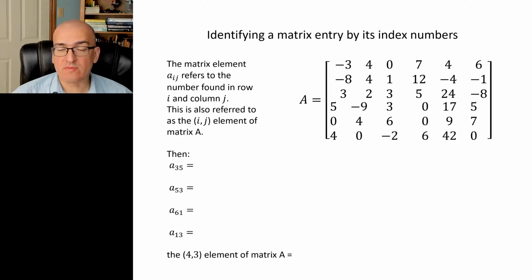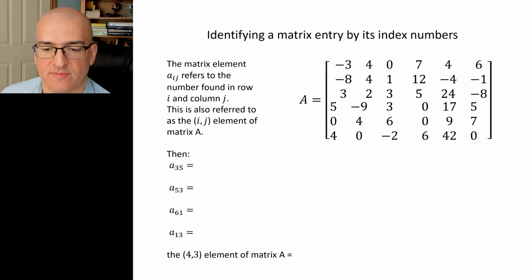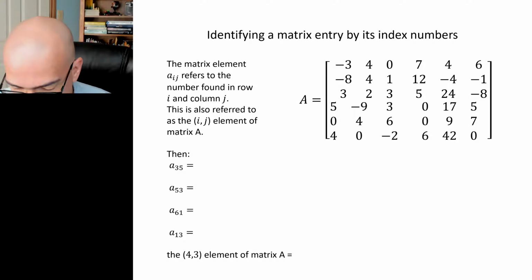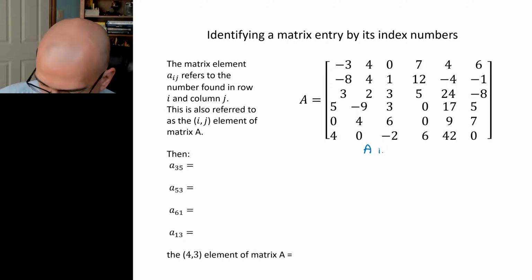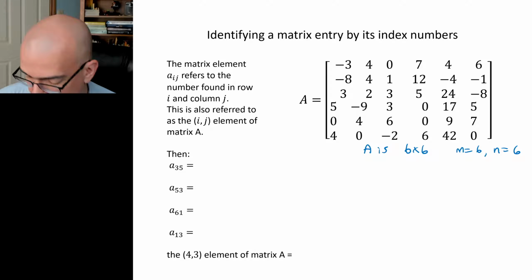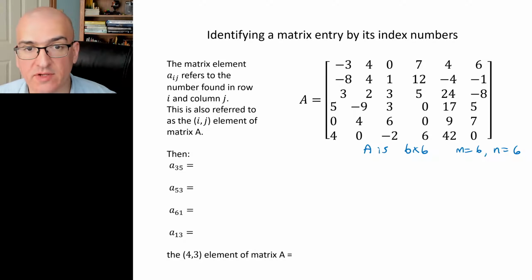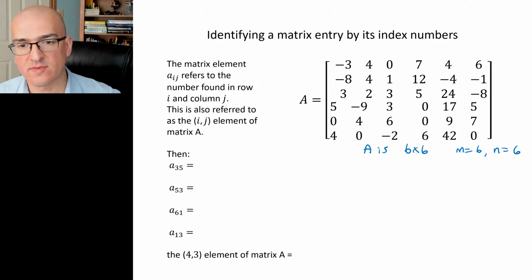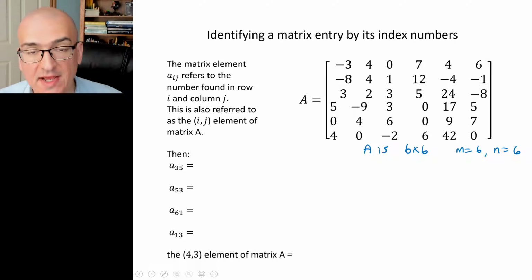Before we march ahead with defining matrix operations, I want to solidify this idea of i and j being the index for elements inside a matrix. So let's look at this gigantic matrix. It is 6 by 6. So m is equal to 6, n is equal to 6. It has 36 elements inside it, and this question on the left-hand side is asking us to indicate what a selection of those elements are, just to get some practice with using this index notation.